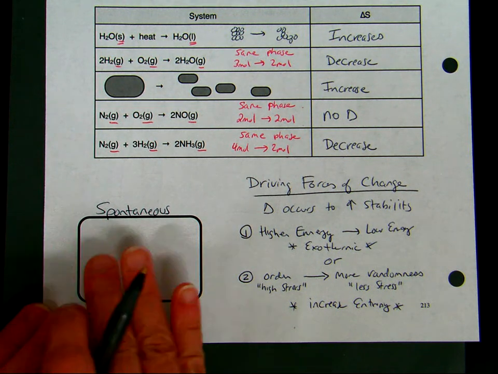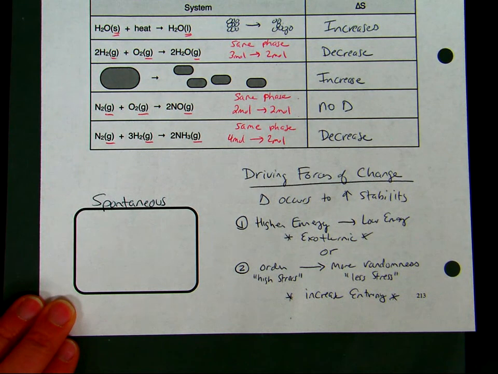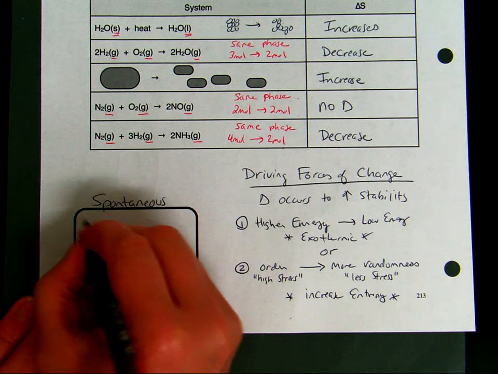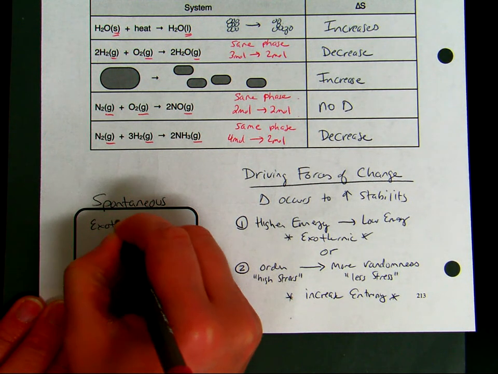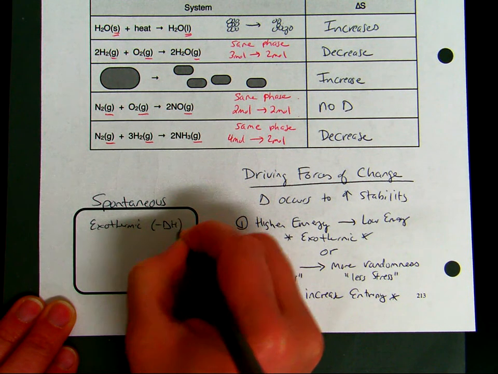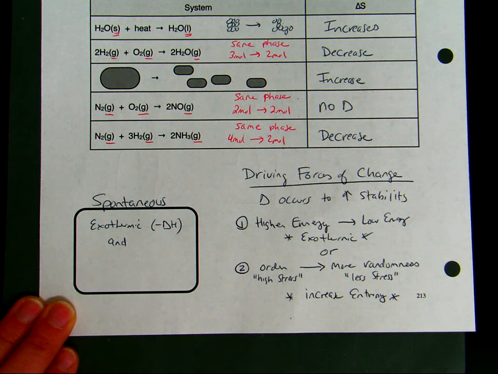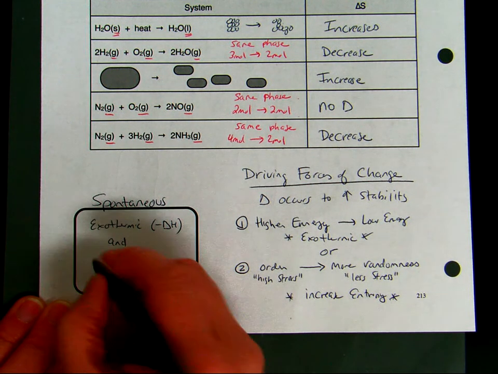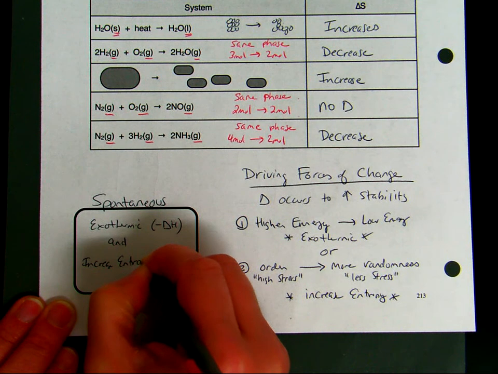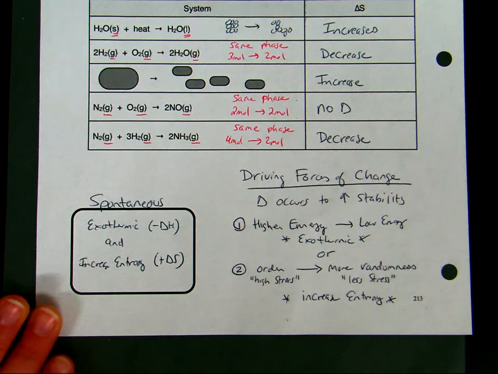But then there are these processes that are considered spontaneous because they are both exothermic, so they have a negative delta H value, and they also have an increase in entropy, which is a positive delta S value.